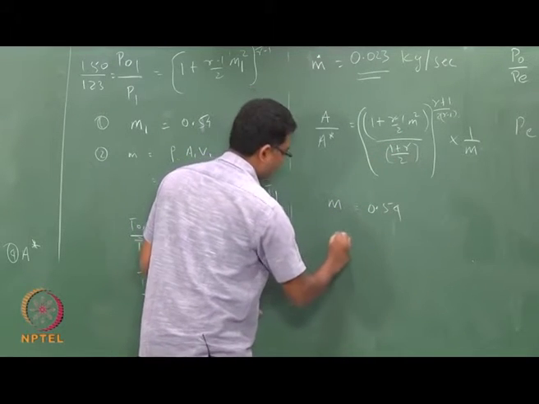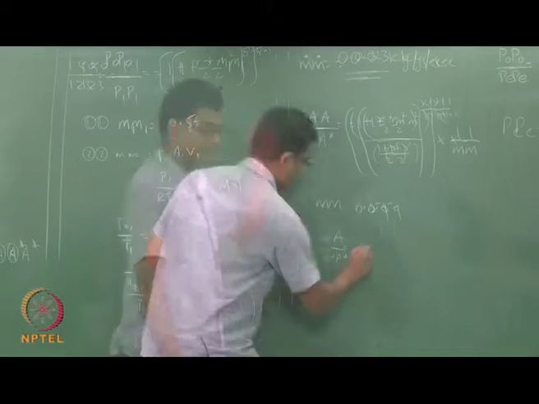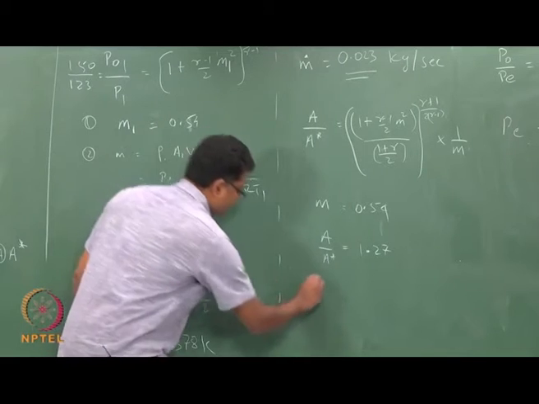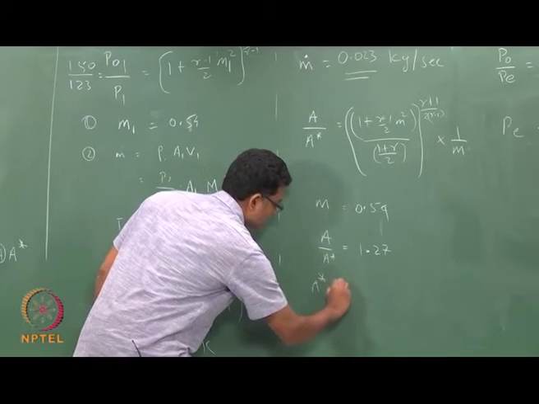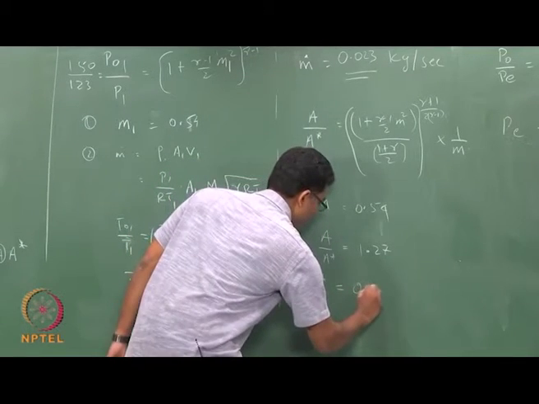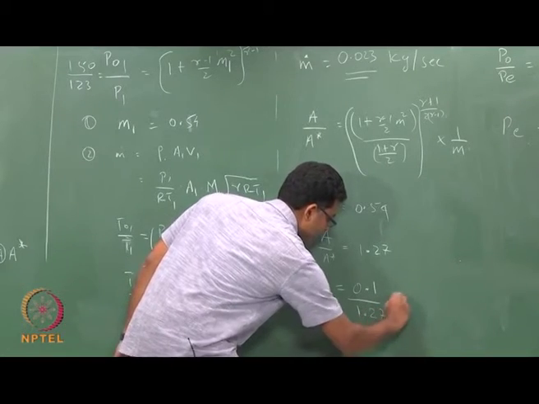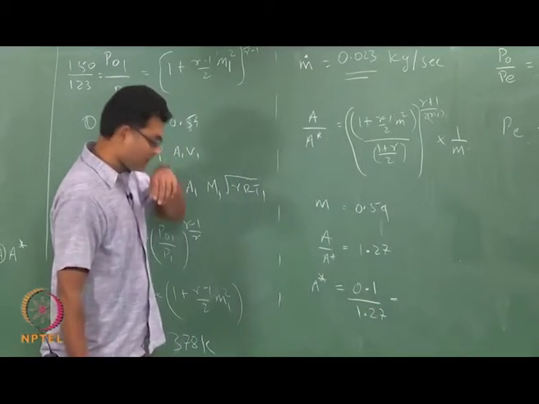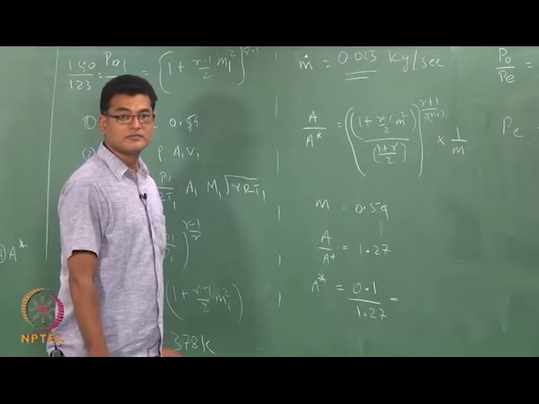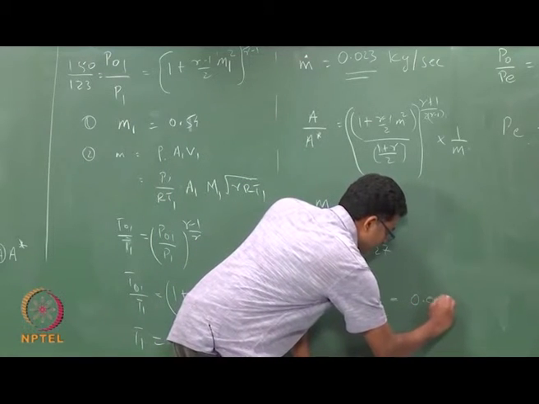So, if I substitute M here, my A by A star is 1.27, okay, which means A star is A, 0.1 meter square, divided by 1.27, which is 0.08 meter square.